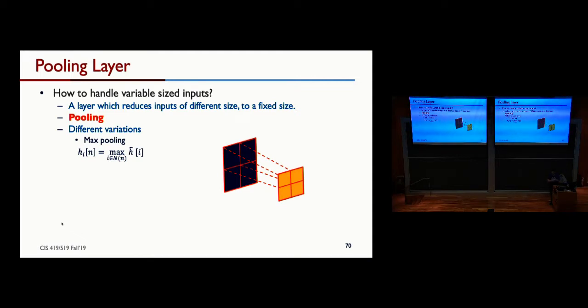So what you do is you take a local patch, say again a 2x2 patch, and you take whatever the maximum value from it is, and you just store that, right? This is another way of reducing features. So somebody in the class mentioned that you could use some kind of dimensionality reduction, a PCA.